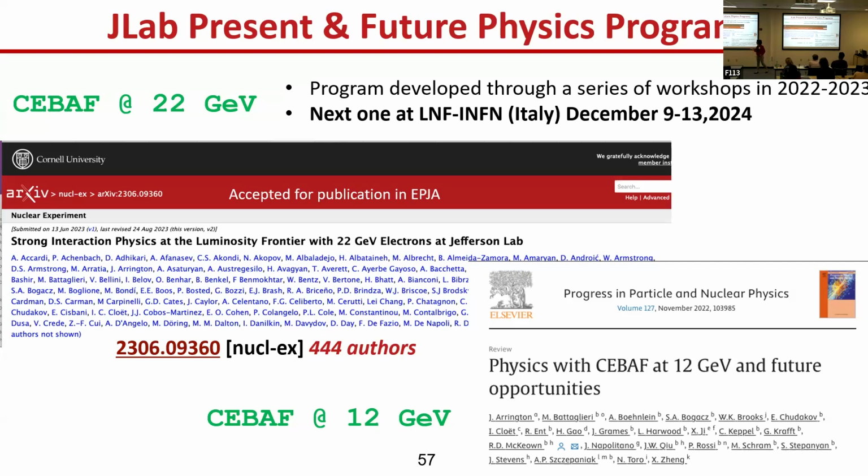Almost 450 people signed this white paper. It means that there is really a strong interest by the community for this program. And for what we are doing at 12 GeV, we have this paper, you can have a look, published in Progress in Particle and Nuclear Physics.